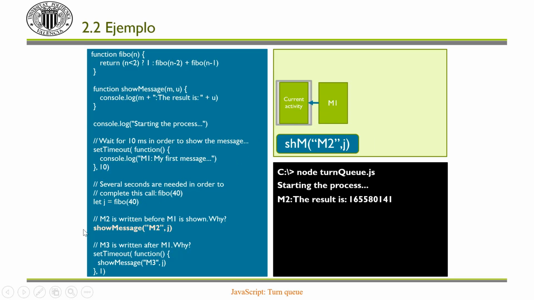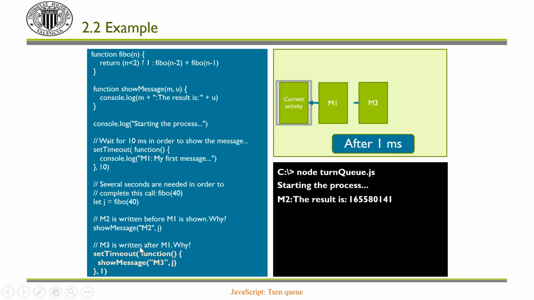And the main thread gets to this line and shows this message. So on screen the user may see this line. And finally, the main thread gets to the last block, and in that last block it is programming in 1 millisecond the arrival of this event that will execute this function.